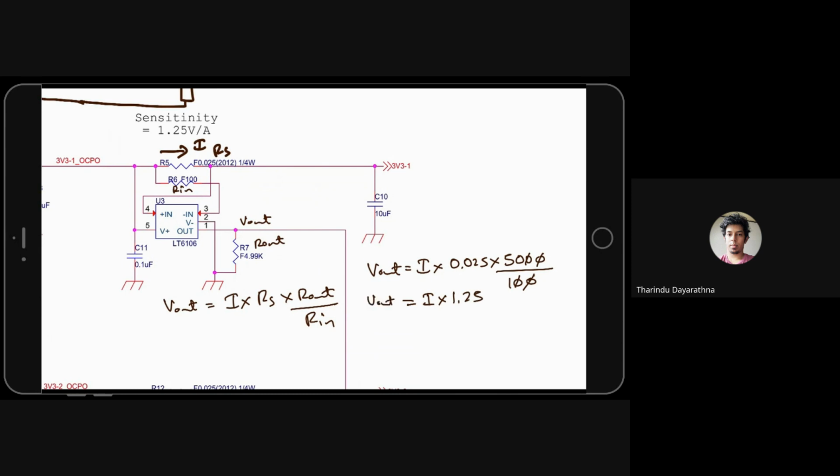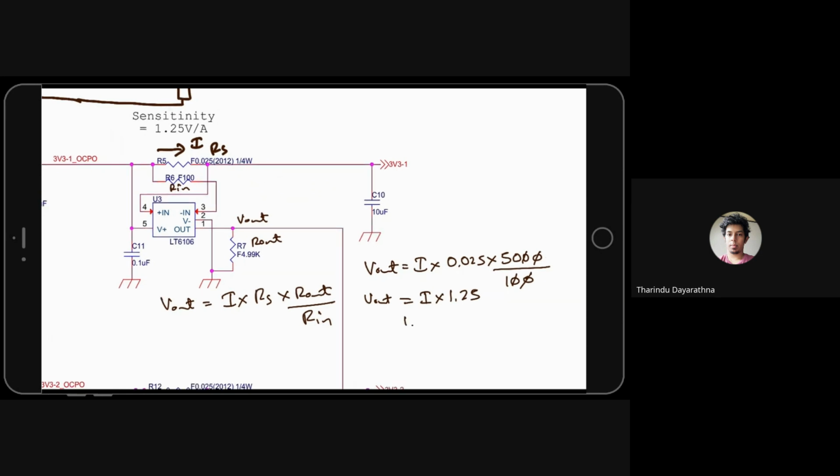Which means if there is 1 ampere of current going in the circuit, what is the voltage we see? V out will be 1.25 volt. If 2 ampere goes, V out will be 2.5 volt.